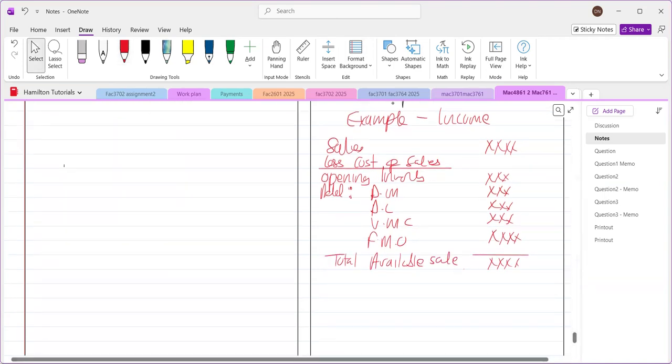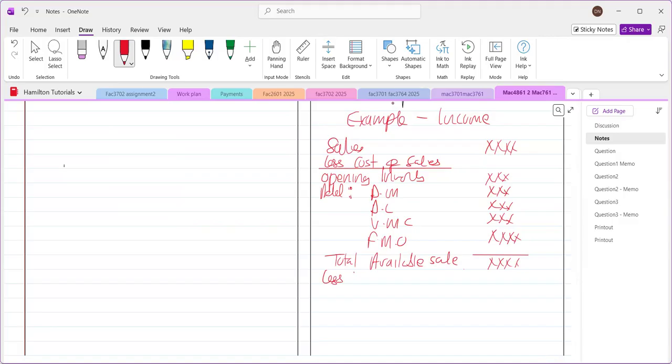Then from there we say less our closing inventory. So all our manufacturing costs, variable or fixed, are included in the calculation of cost of sales.